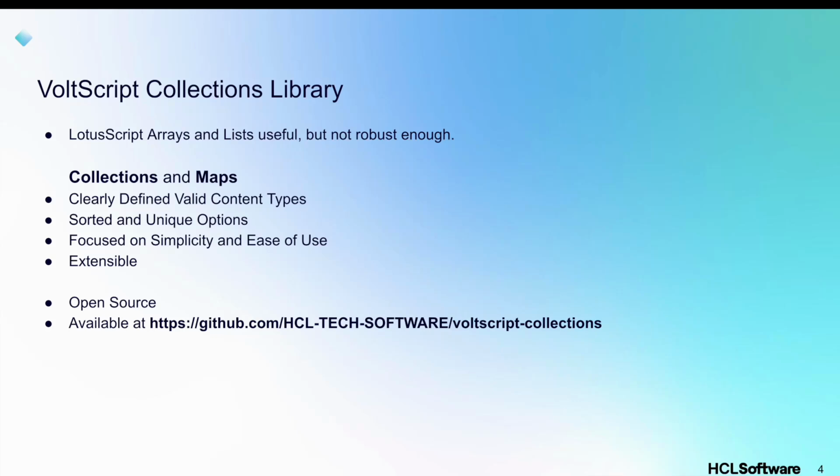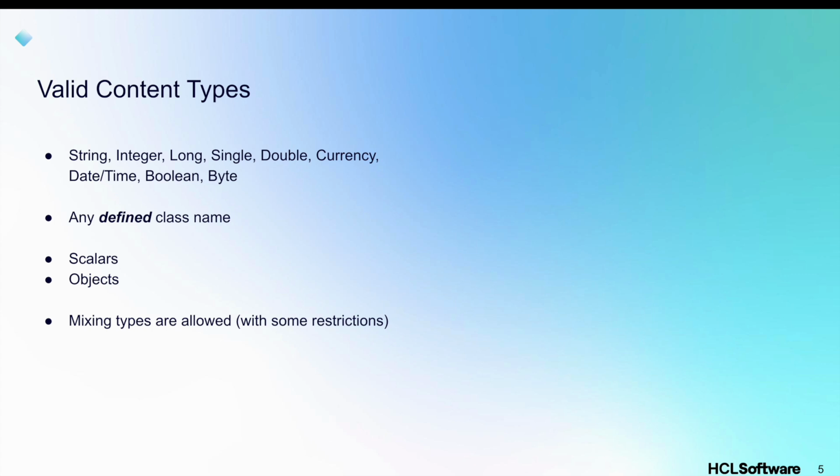We have sorted and unique options, meaning you, the developer, through setting certain options, can control whether a collection or a map is sorted or unique. We focused heavily on simplicity and ease of use. They are, of course, extensible, and they are, of course, open source, and they're available at github.com, HCL Tech Software, VoltScript Collections. You can go out there right now, pull this code down and look through it.